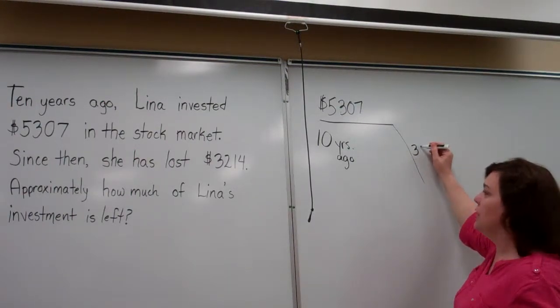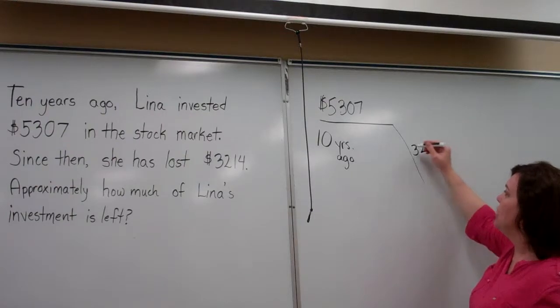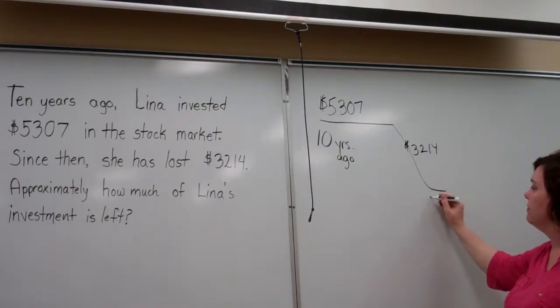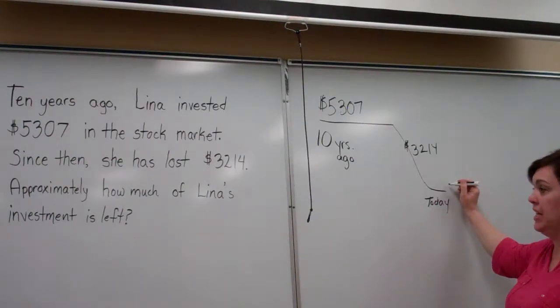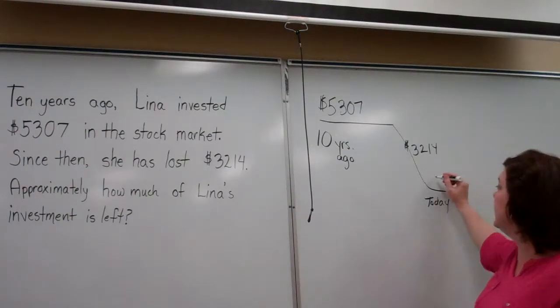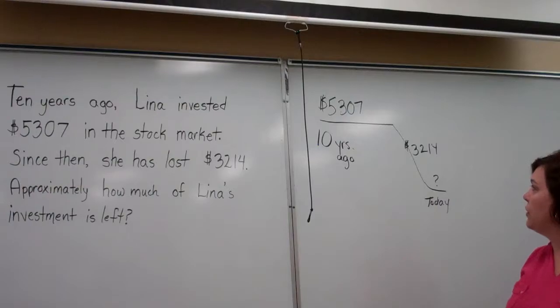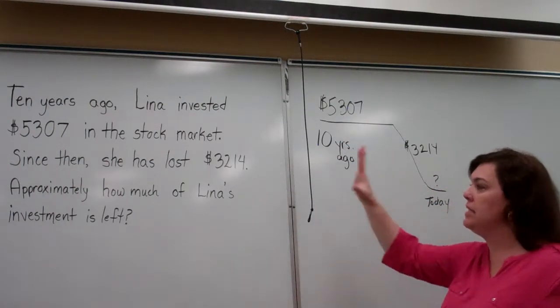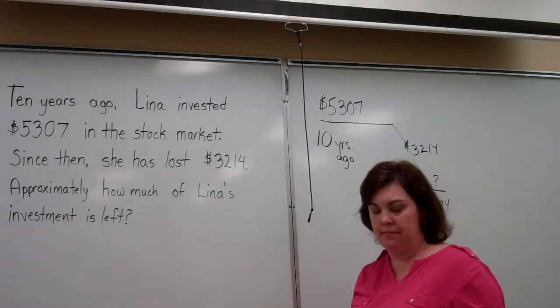She's lost $3,214. And here we are today. We don't know how much she has today. The question says approximately how much of Lena's investment is left. And that is what we are trying to find. So that's just a quick sketch, but it sort of helps me to picture the problem in my mind.